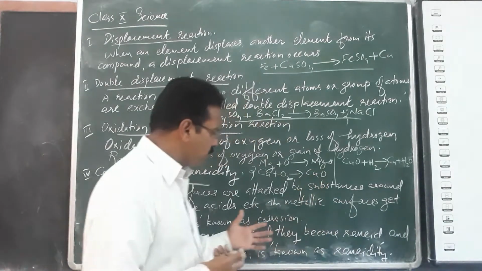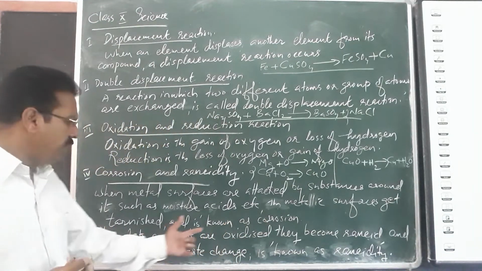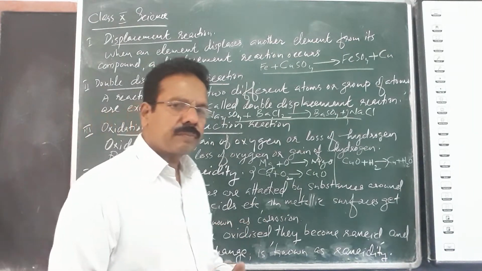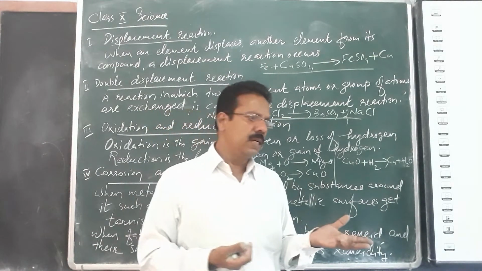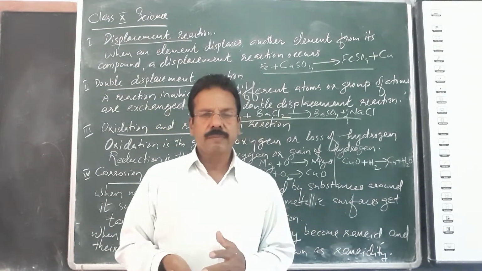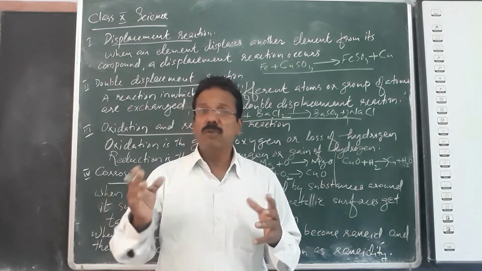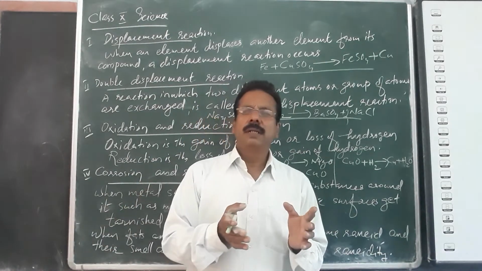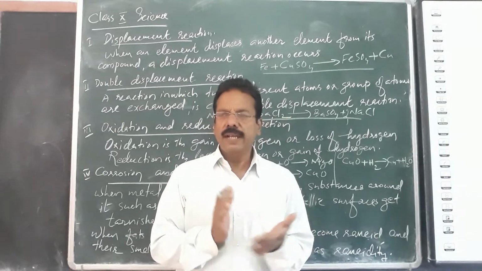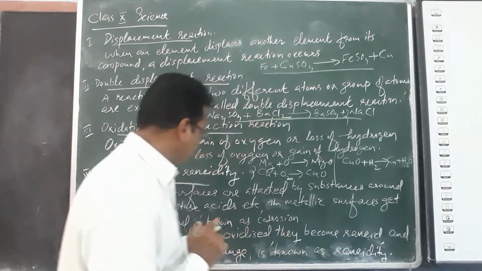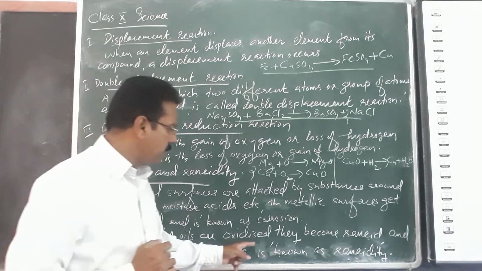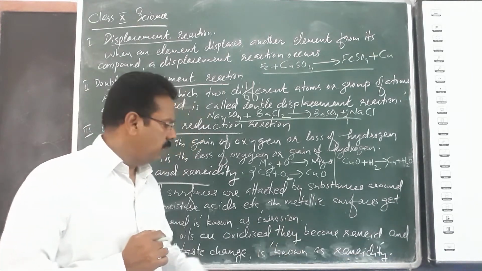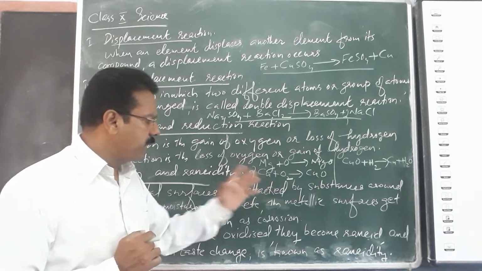The next topic is rancidity. Rancidity means that when we keep food exposed to air, the oxygen in the atmosphere reacts with the food items. Fats and oils contained in the food are oxidized due to the reaction of oxygen with those materials and become rancid.